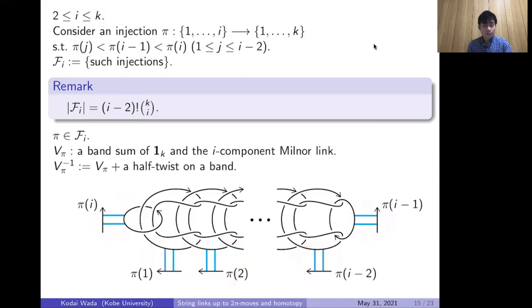We note that b_pi is a k-component string link. We also define b_pi inverse as b_pi with a half twist on a band, say this band, like this.